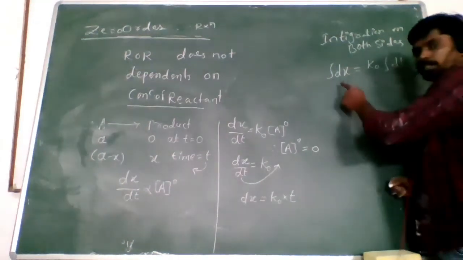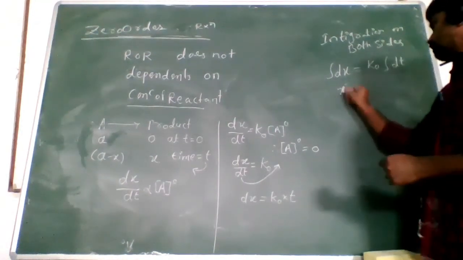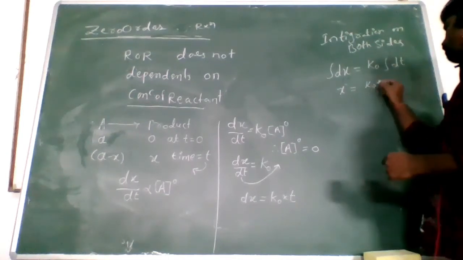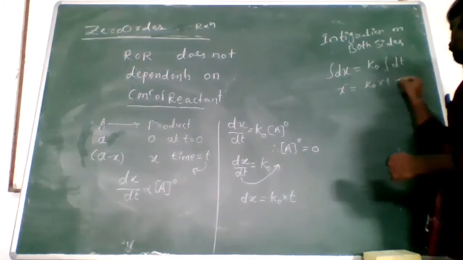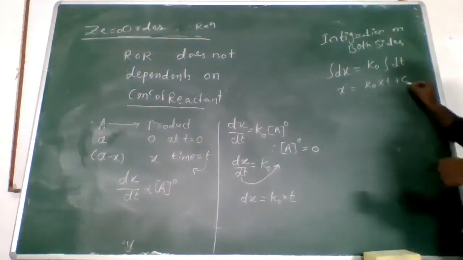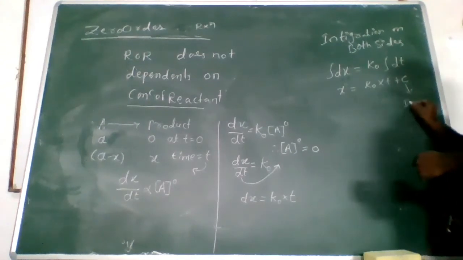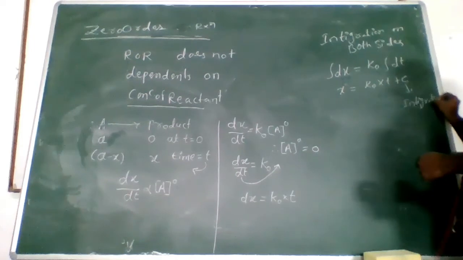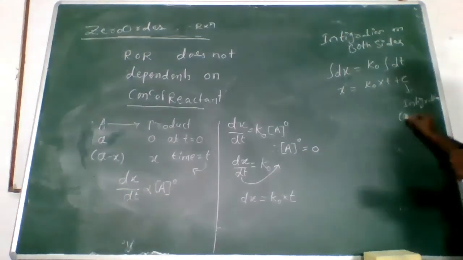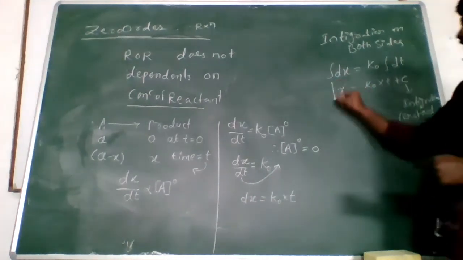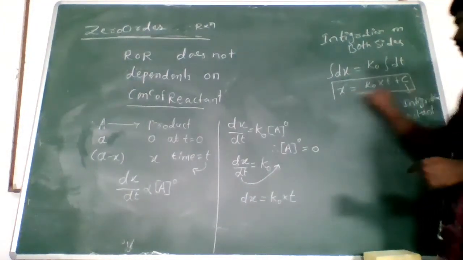After integration, what remains is x, that is equal to k naught into t plus c. C is the integration constant. So this is formula 1, equation number 1.